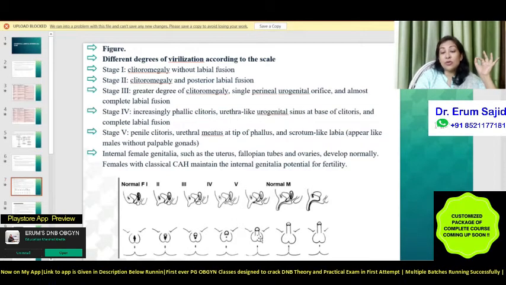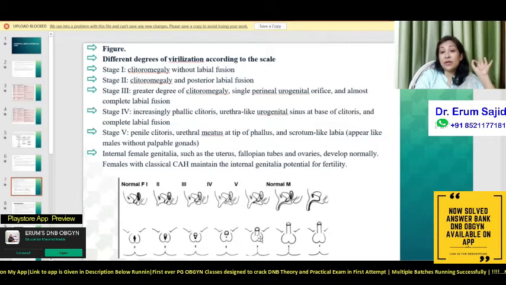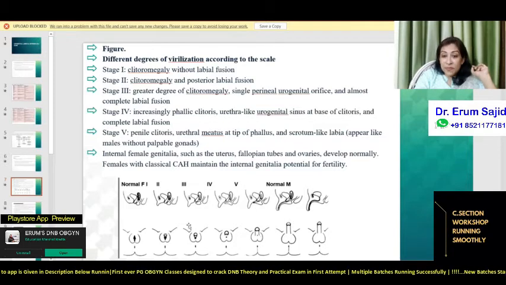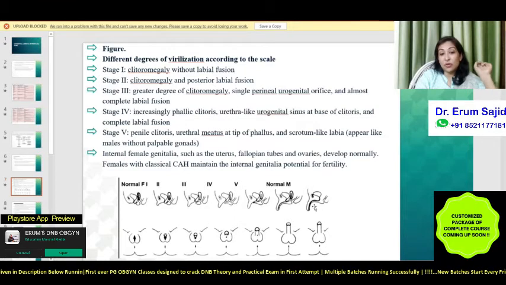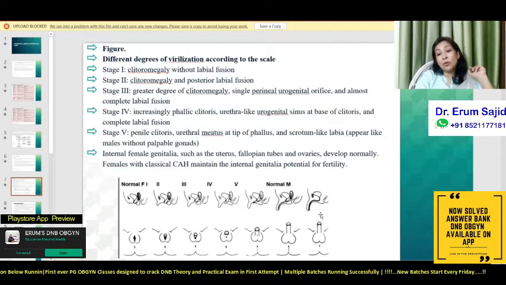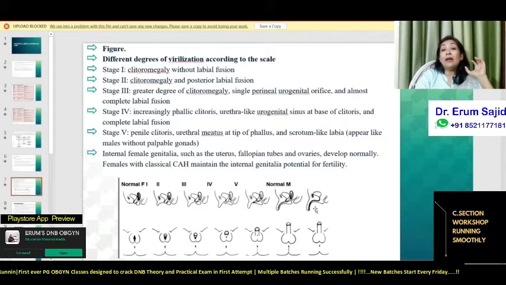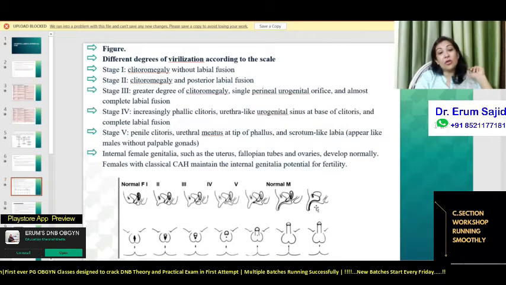Stage 4 is an increasingly phallic clitoris, urethra-like urogenital sinus, and complete labial fusion. Stage 5 is an almost penile clitoris, urethral meatus at the tip of the phallus, scrotum-like labia, appearing like a male without palpable gonads. So it's almost looking like a male, except for the fact that obviously testicles are not present.